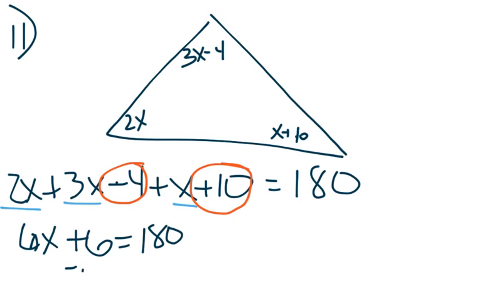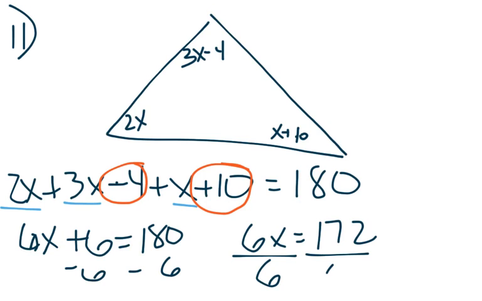Then we want to subtract 6 from both sides. So 6x equals 174. And we want to divide by 6. So in the end, we have x equals 29.